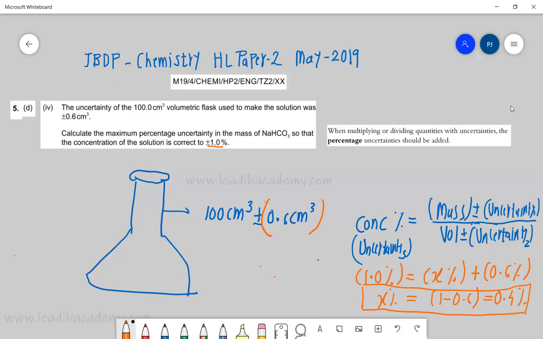One was concentration. Concentration means mass upon volume, or moles upon volume, it doesn't matter, because that is the percentage concentration. It's very, very simple.